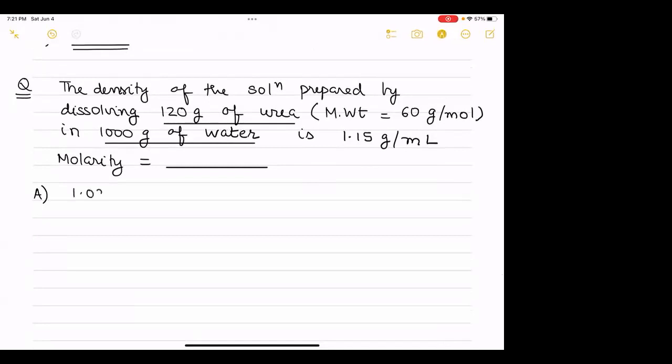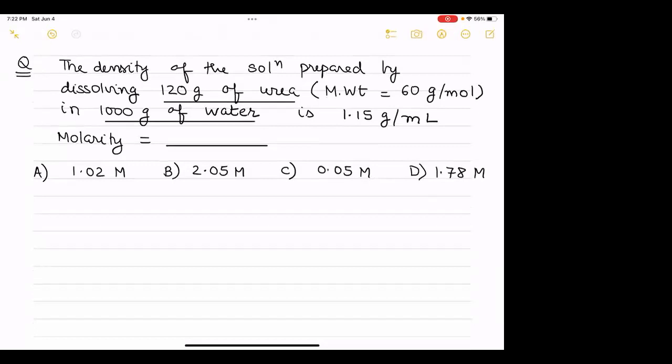So 1.02 molar, or 2.05 molar, or 0.05 molar, or 1.78 molar? So you can try first, then we can discuss quickly.